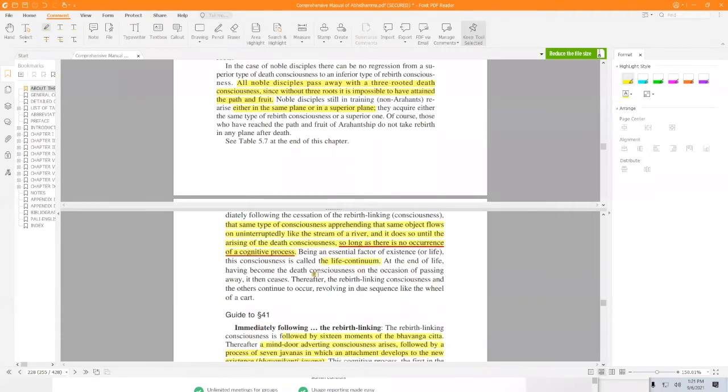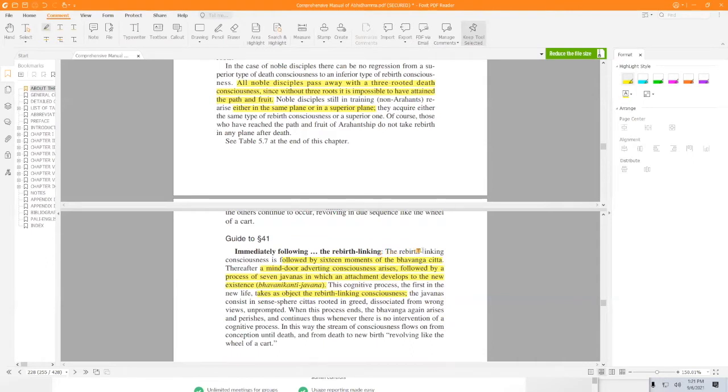And then at death, the death consciousness occurs and ceases. Following the death consciousness, another rebirth linking consciousness arises, followed by the bhavanga, and it continues to flow on. And thus the succession of deaths and rebirths continues like the wheel of a cart turning over and over.